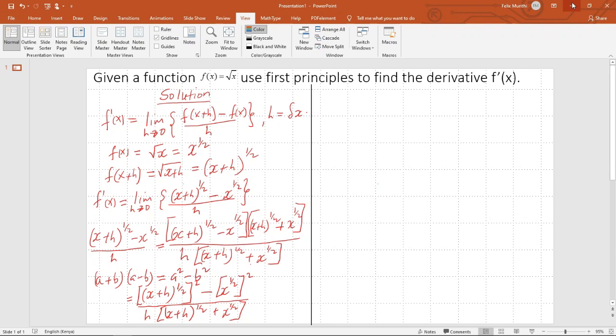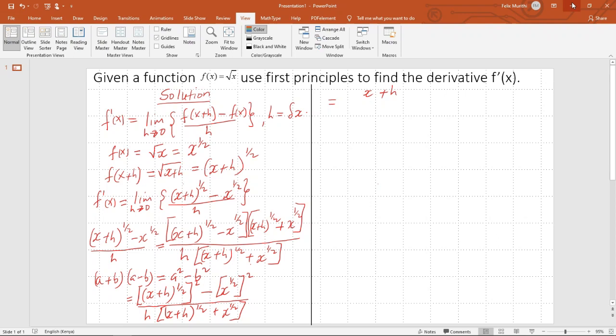Now we simplify that further. So we have x plus h power half squared, which is going to give us x plus h, because this 2 will cancel with this 2.